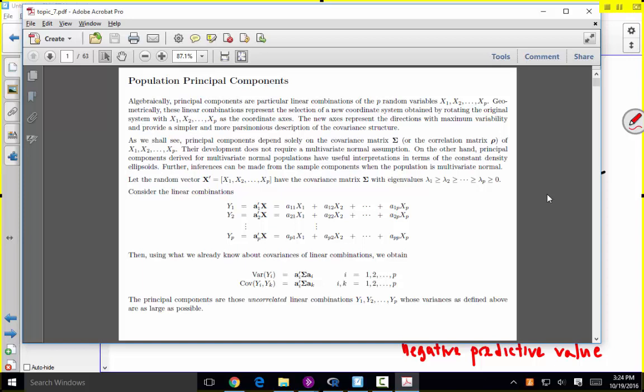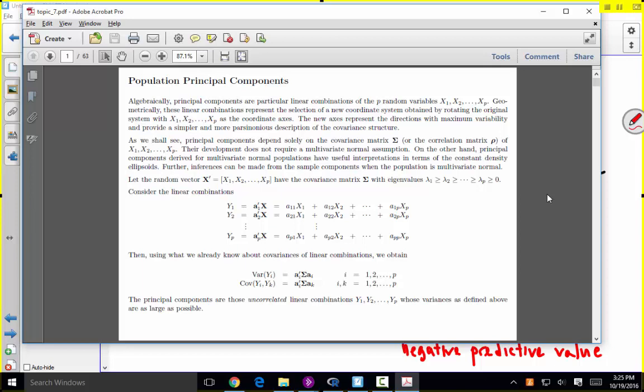They're chosen so that they maximize the separation of the classes. It turned out that the answer to that choice of linear combinations was given by eigenvectors of a particular matrix. We're going to have the same kind of thing here with principal components, except we're not doing classification anymore.